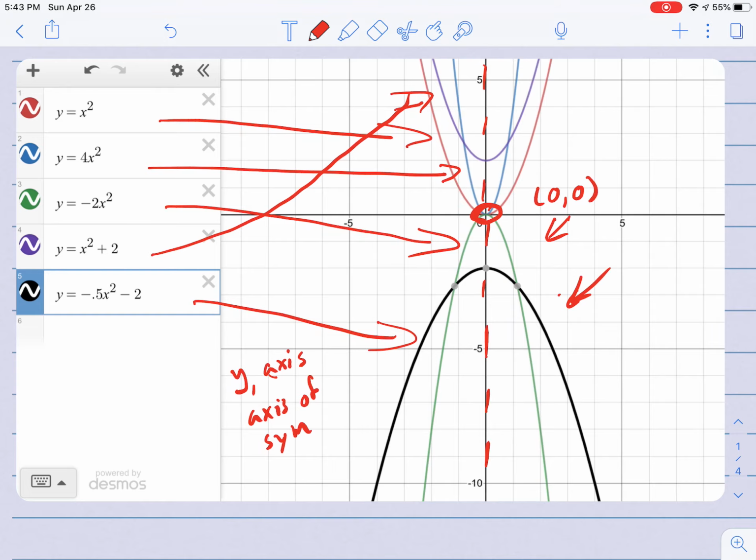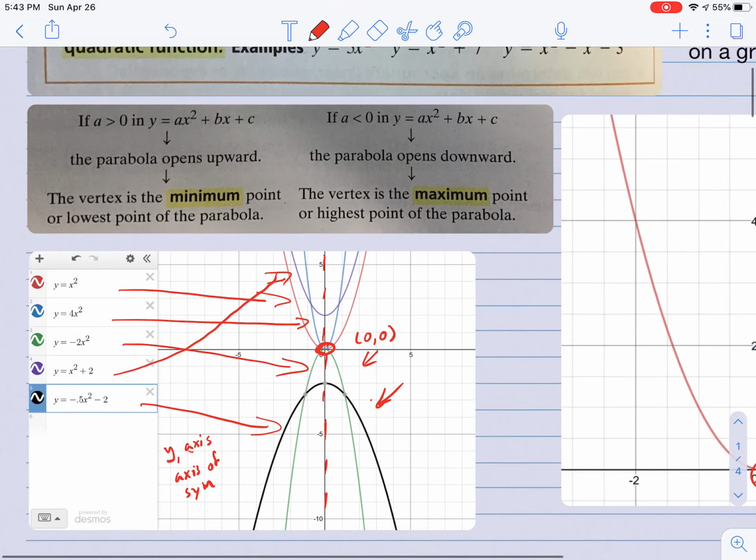If it's a negative a, it's going to be a maximum. So going back to this right here. And then to find the vertex, if it doesn't have a b or a c, the vertex is always going to be 0, 0. And you just note it as parentheses 0, comma 0, parentheses.